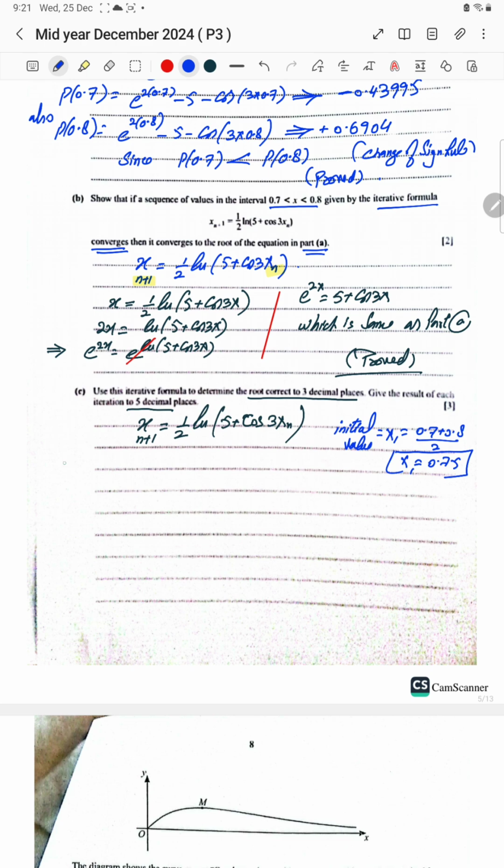So here, by replacing n with 1, 2, 3, and so on, we start iteration.